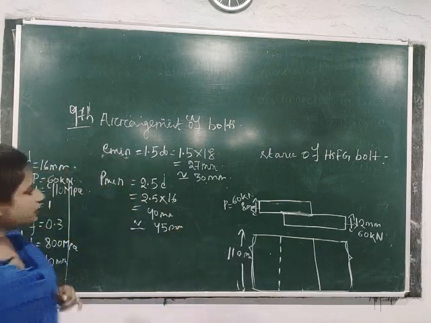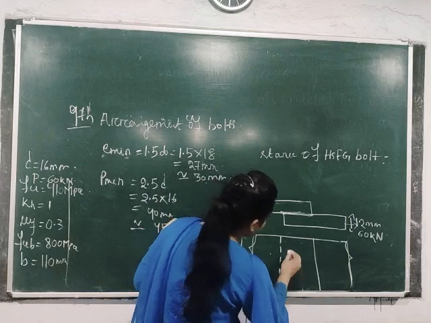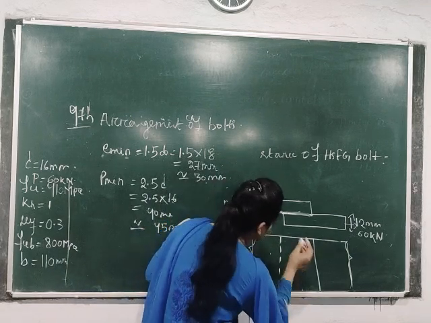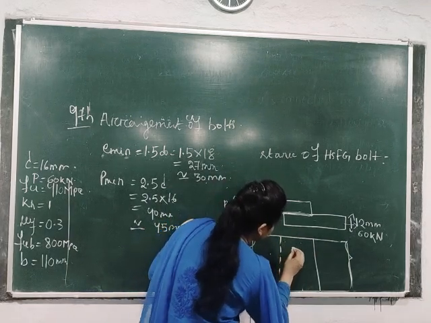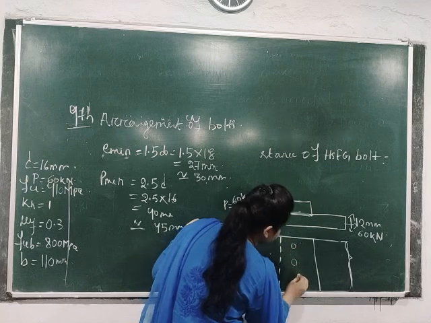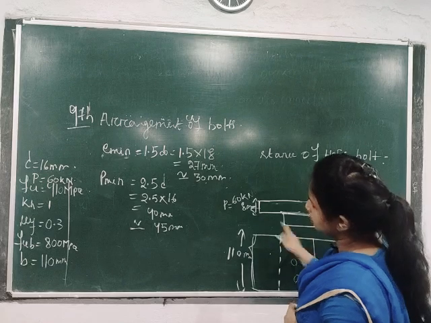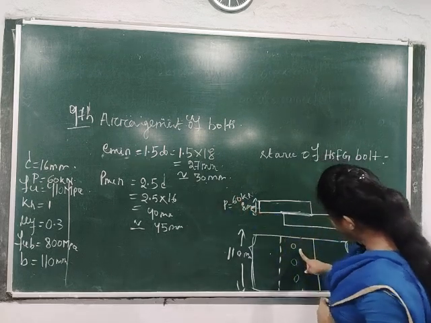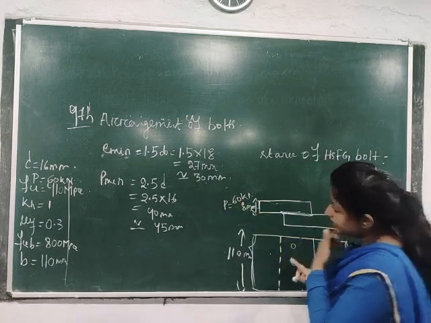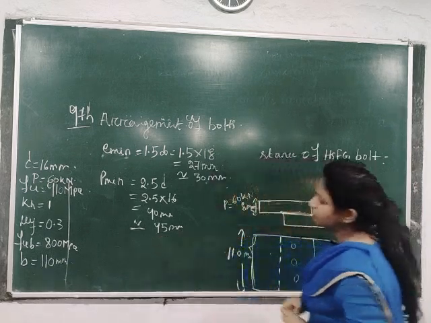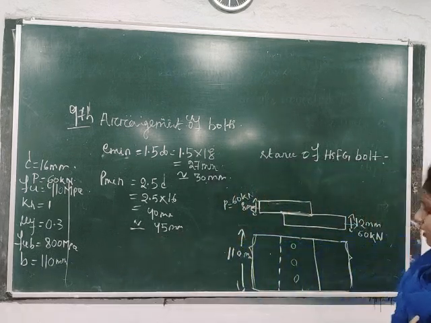Okay, so here you can see, if we arrange the 3 bolts in one column, the end distance will be 30 mm, then the pitch distance is 45 mm, and we can take the gauge distance as the same.